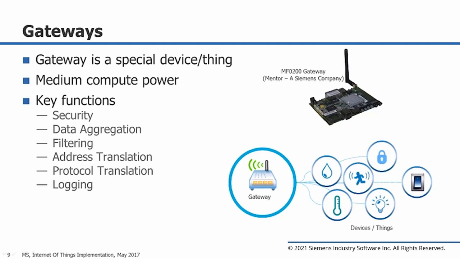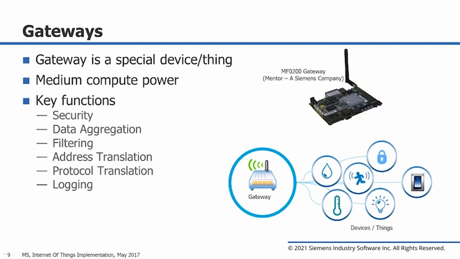Gateways can aggregate and filter data that they receive from the local devices before it is sent to the cloud. One important function that gateways can provide to the network is address and protocol translation.